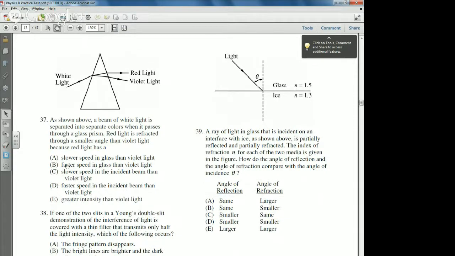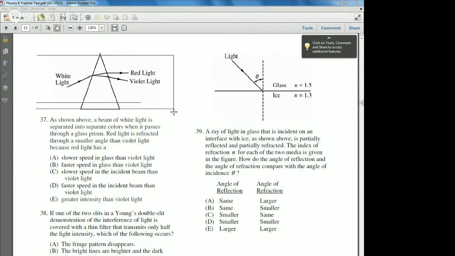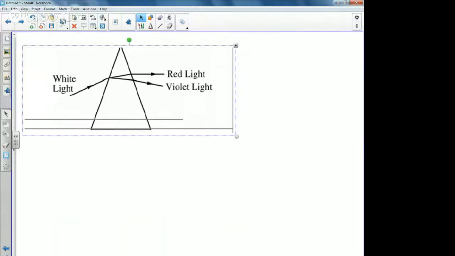Understand that the greater the difference in index of refractions, the greater the bend. So right now, in this case over here, for example, if n is equal to 1.6 for red light inside the prism, for the violet light, n would equal 1.66.